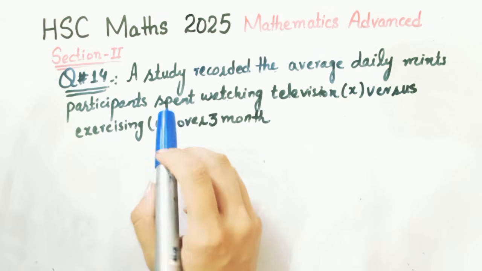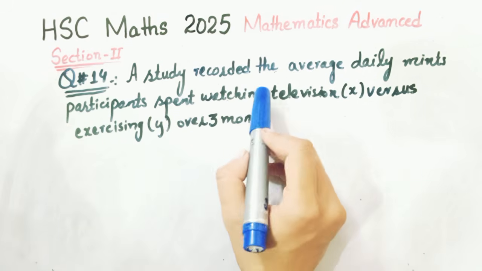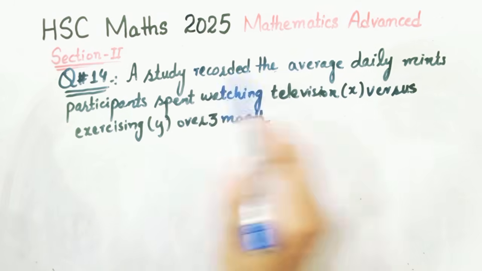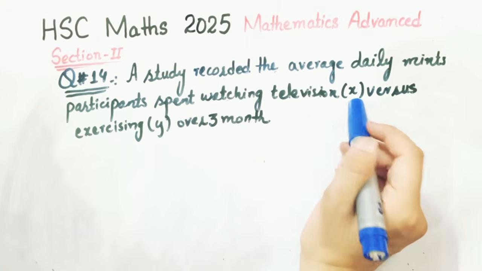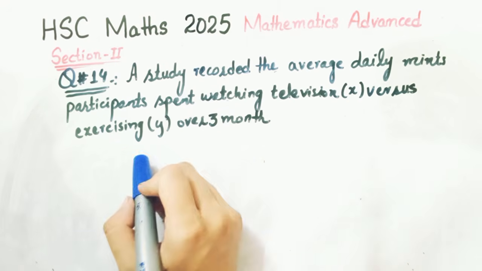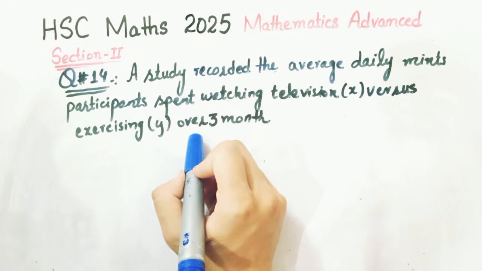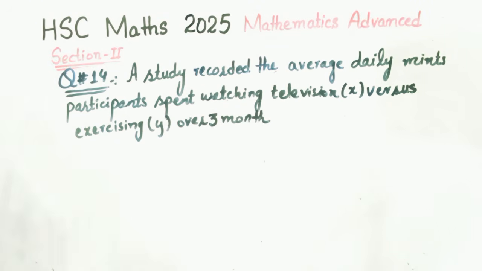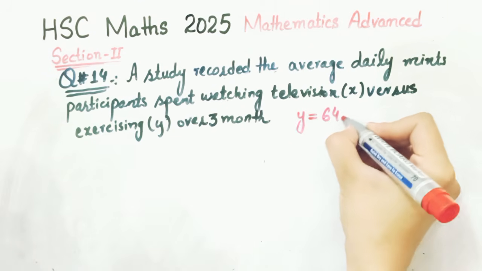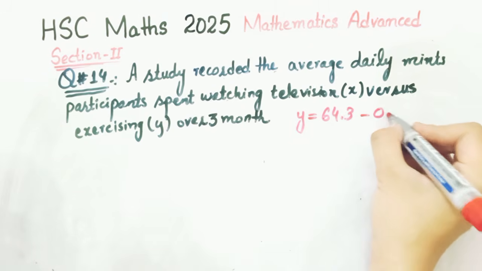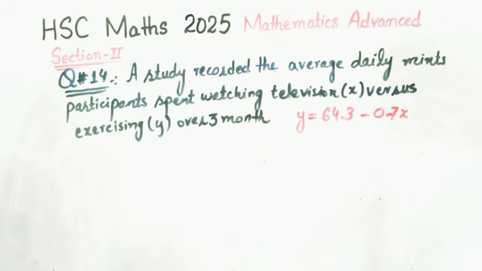Here question number 14 is: a study recorded the average daily minutes participants spent watching television, represented by X, and exercise time, represented by Y, and the equation that is given is Y equals 64.3 minus 0.7x, and the range of both x and y is given.